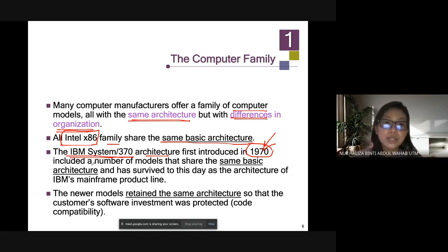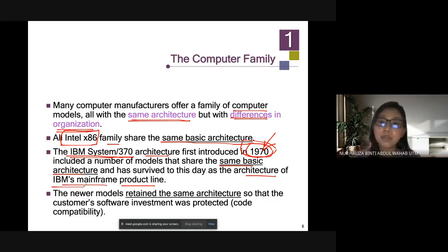It includes a number of models that share the same basic architecture and has survived to this day as the architecture of the IBM mainframe product line. So from 1970 until today, we are still using the same architecture, but under IBM mainframe products.